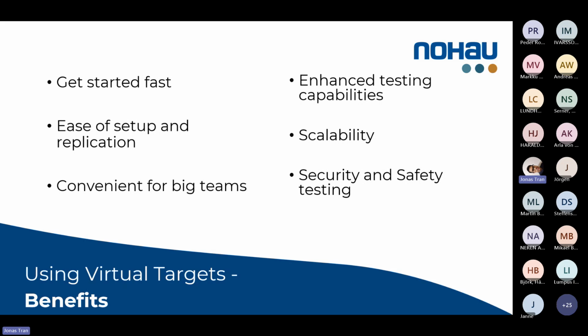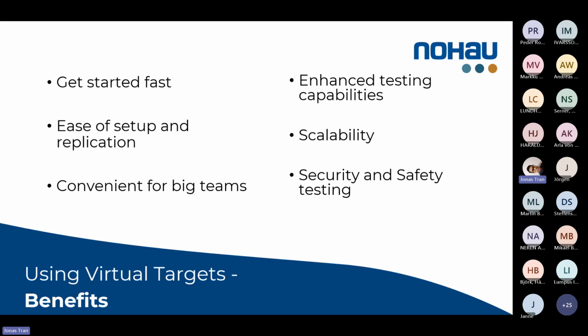Virtual targets can also simulate hardware and resource constraints. This can be fixed in some models, but if they can do this, then it is easier to test how the system behaves when memory is low or when the CPU usage is high.